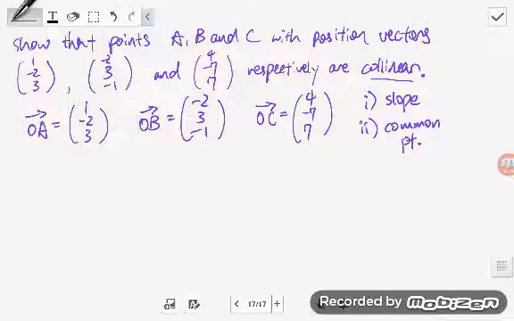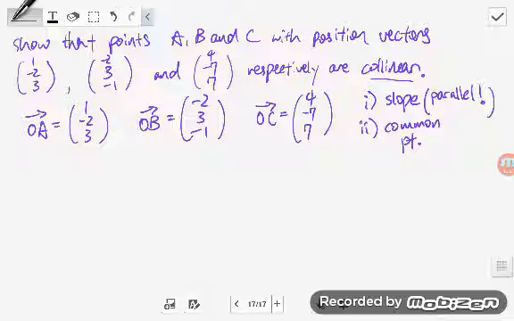For the slope in terms of vectors, instead of talking about a slope, we'll be talking about parallel. If two vectors are parallel, we are saying that they have the same slope in some sense.